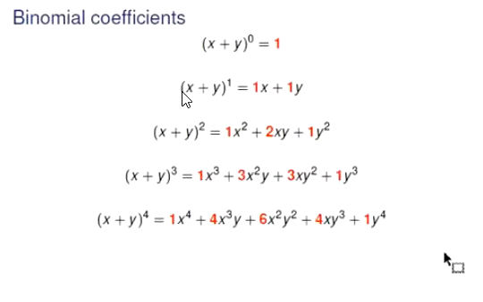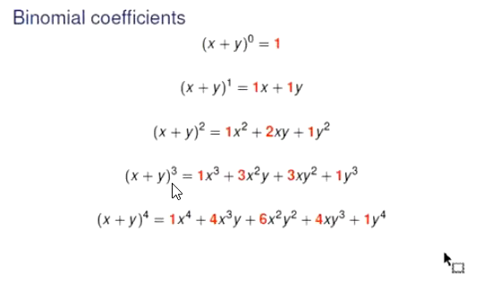When we solve it, we get x^1 plus y^1. Then the next one: if we put n as 2, how do we solve it? Then we will get x^2 plus 2xy plus y^2.